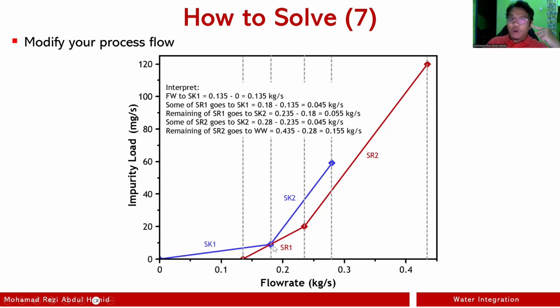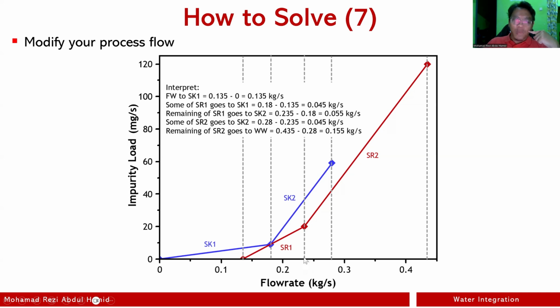Now, the remainder, because these are the remainder of SR1, goes to SK2. So these are SK2. Remainder, right? These are the whole line length. So some of it goes to SK1. The remainder goes to SK2.